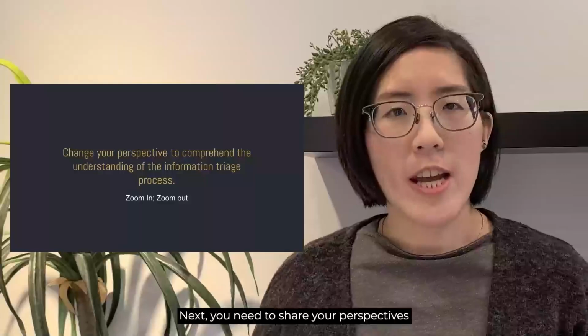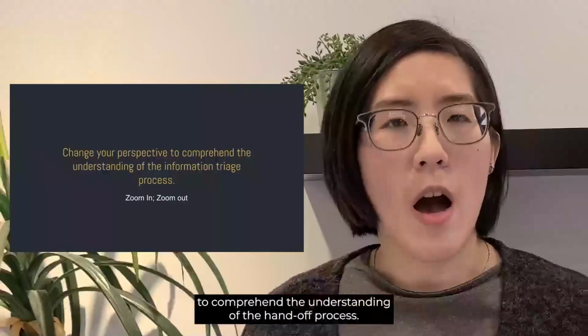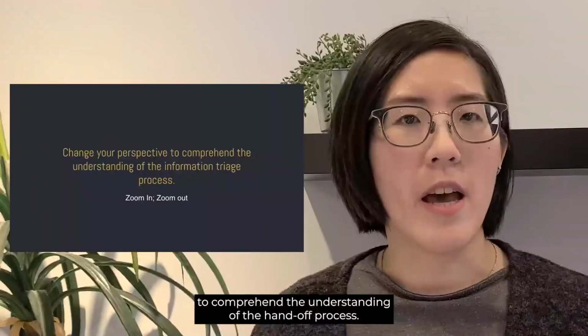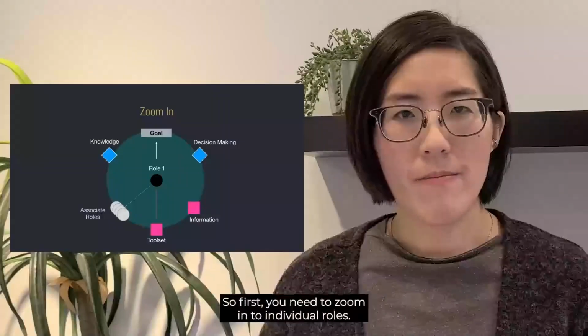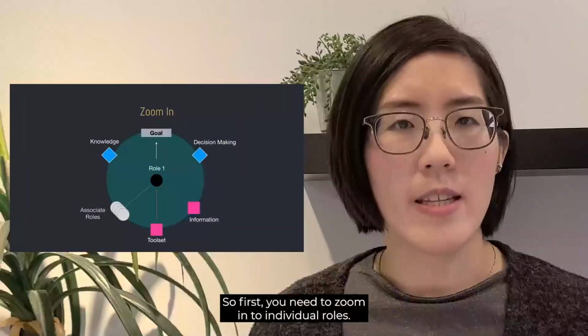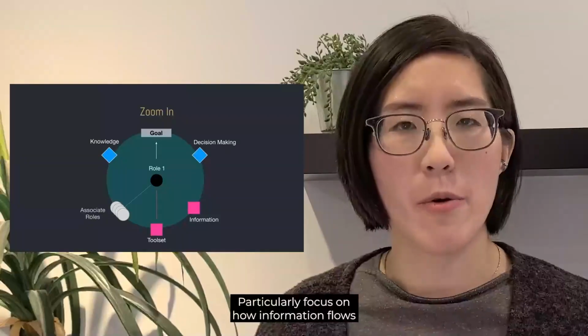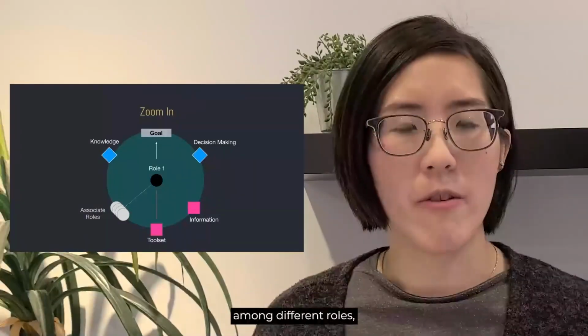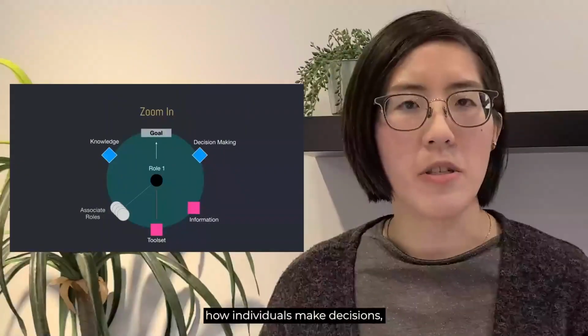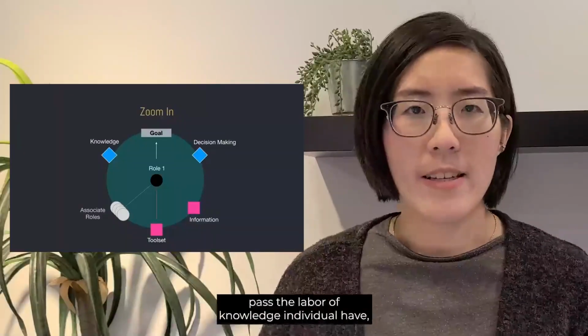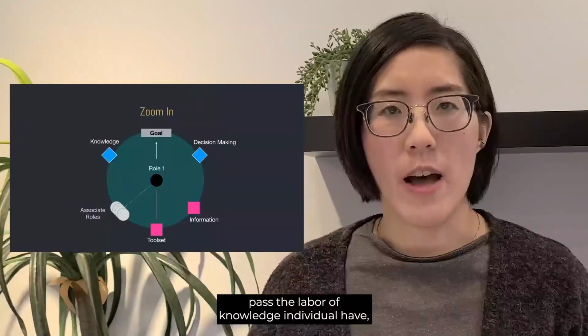Next, you need to change your perspectives to comprehend the handoff process. First, you need to zoom in to individual roles, particularly focusing on how information flows among different roles, how individuals make decisions, and what level of knowledge individuals have.